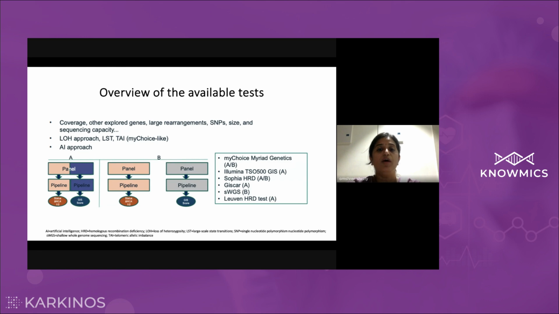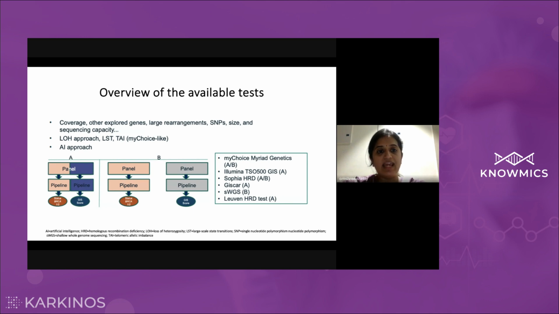So how are these tests different from each other? Just to summarize, what we can make sense of is the coverage and the explored genes, large rearrangements, and sequencing capacity, like what platform one is using. Is it Thermo Fisher? Is it NextSeq or NovaSeq or MiSeq? Based on that, it would also depend. And again, LOH, LST, TAI, like I already mentioned, which are the kits being used.